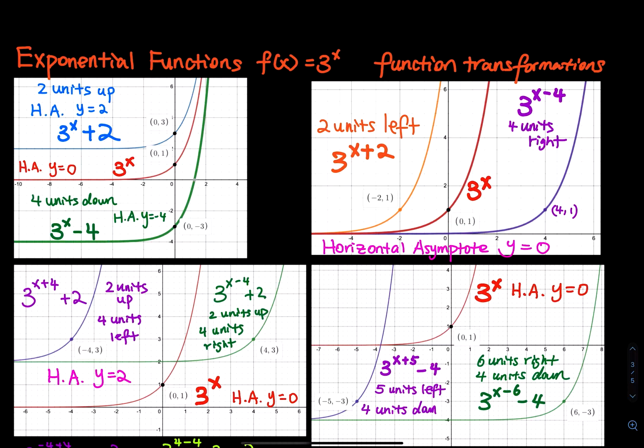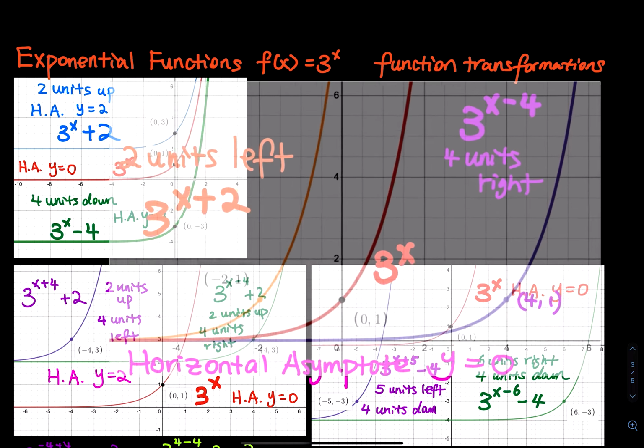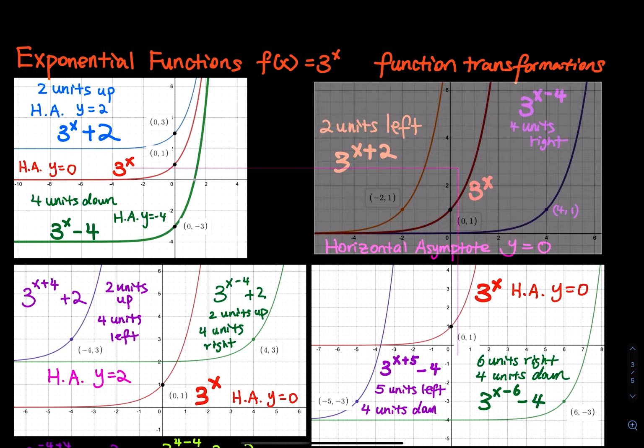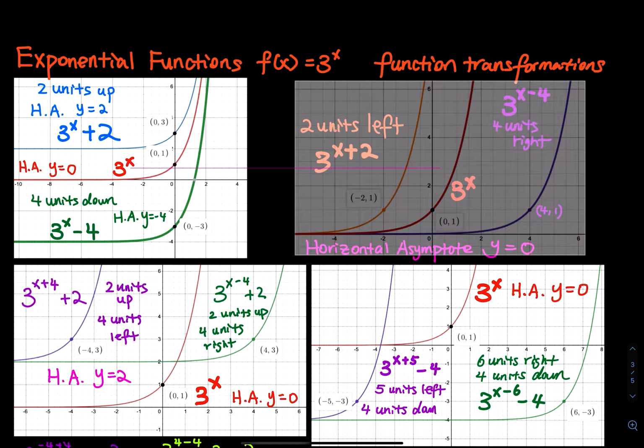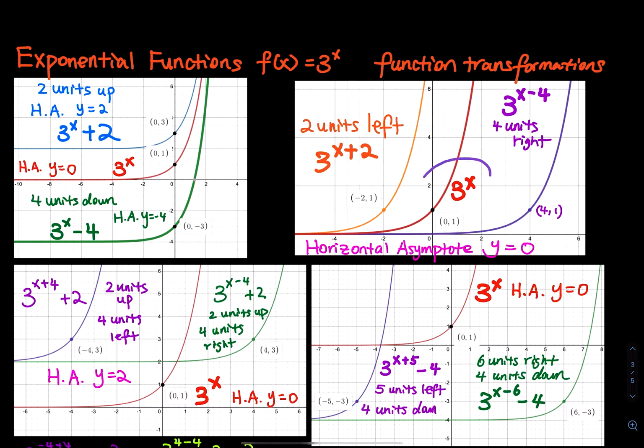Okay, moving on to the picture on the left. I have a parent function, 3 to the x. This time I also add and subtract, but this time I add 2 right next to the x and minus 4 right next to the x, not to the entire function.